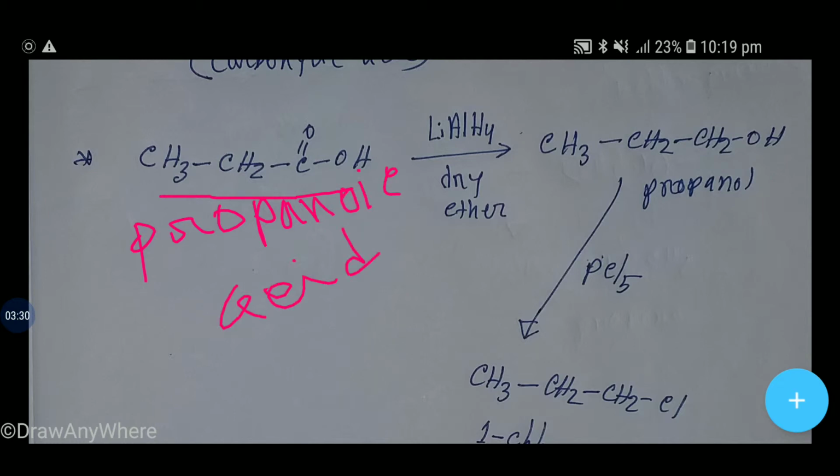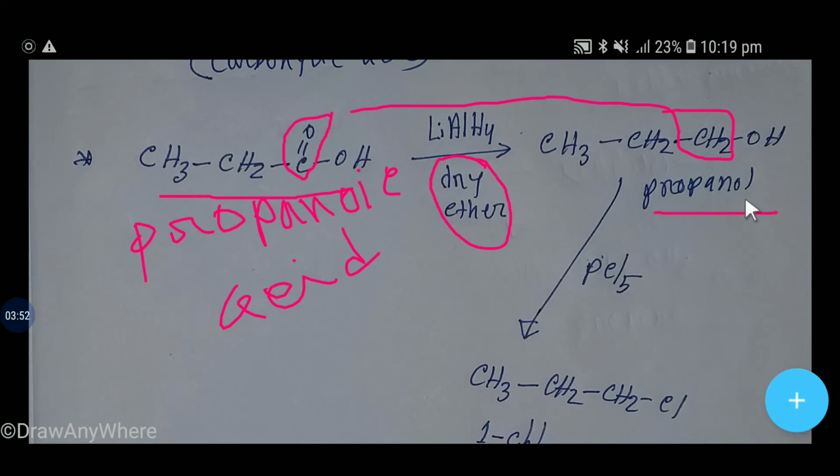If you add here lithium aluminum hydride in presence of dry ether, then this carbonyl group of the carboxylic acid will convert to a methylene group, that is CH2 group. So you are getting here propanol, right?